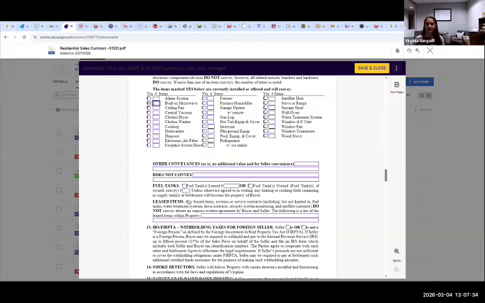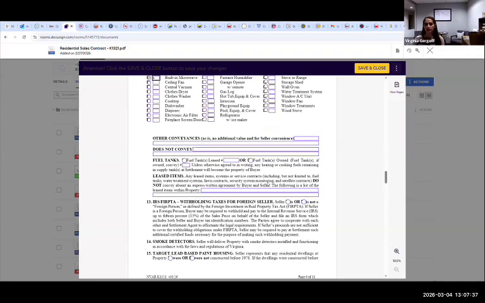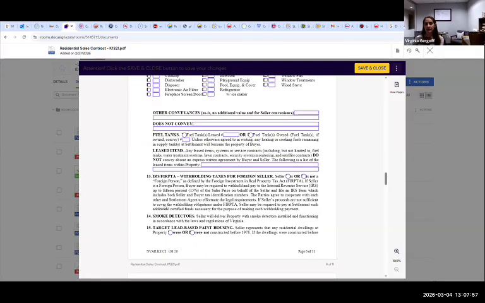Lease items, any lease items, systems, or services, including but not limited to fuel tanks, water treatment systems, lawn contracts, security system, satellites, do not convey absent an express written agreement by buyer and seller. The following is the list of leased items within the property. So if there is any lease items, make sure that you include them in there. If you leave the section blank, the assumption is that there will be no leased items conveying with the property.